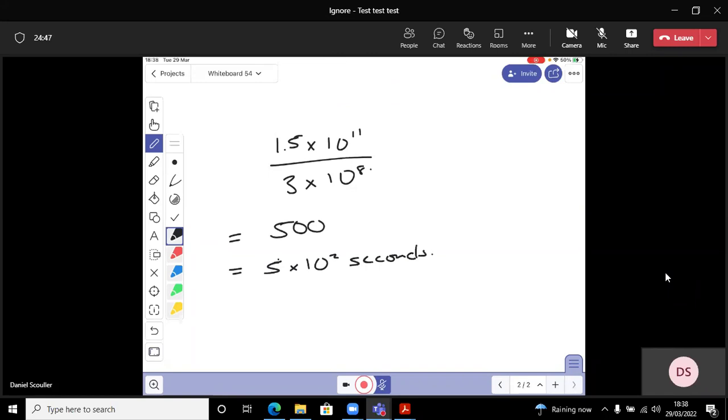Remember that times 10 to is just how we're moving that decimal along. Any questions on that one?